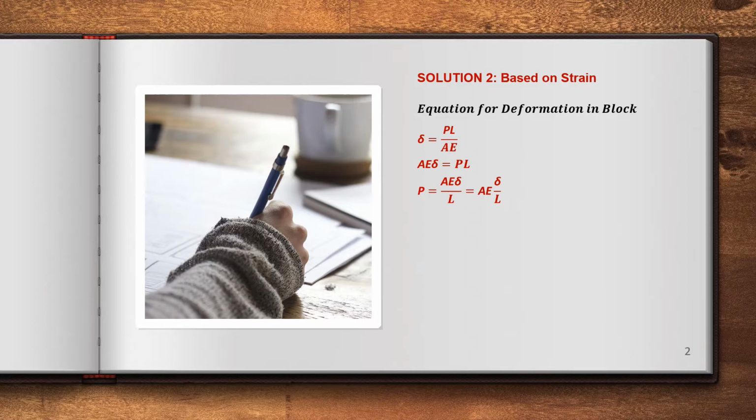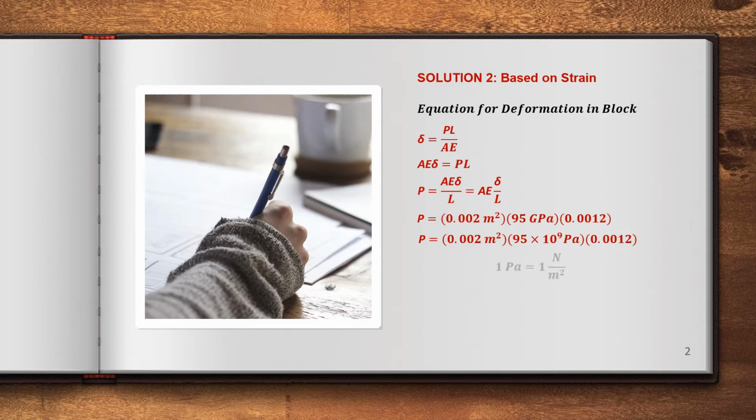Then from this equation, we can substitute the given that we have previously. So P is equal to 0.002 meters squared times 95 GPa or gigapascal times 0.0012. We know that G is equal to 10 to the 9. Then our equation will be like this. Again, our goal here is to have a final answer with a unit of Newton. So in order to get the unit of Newtons, we need to convert Pascal to Newton per meter squared.